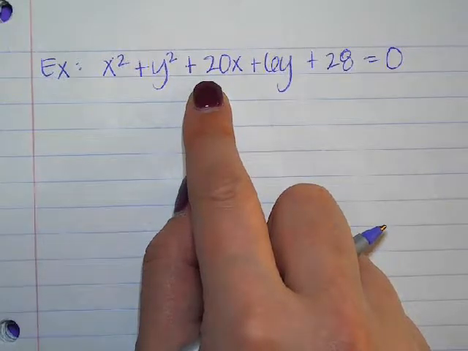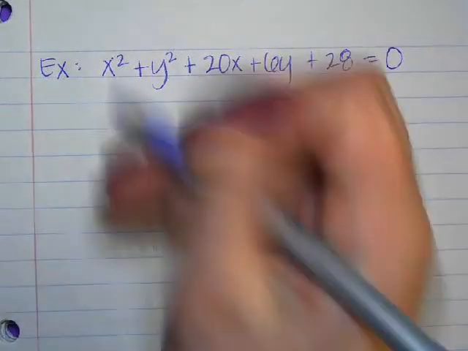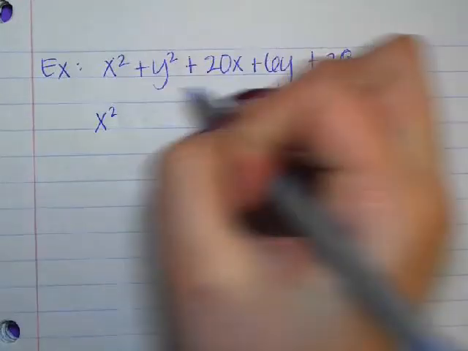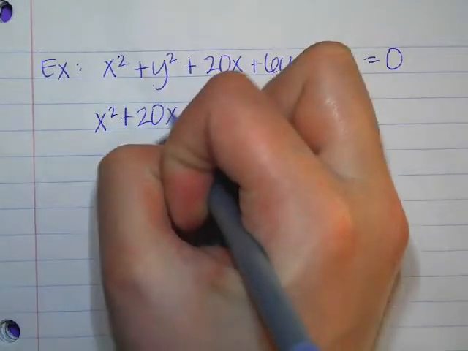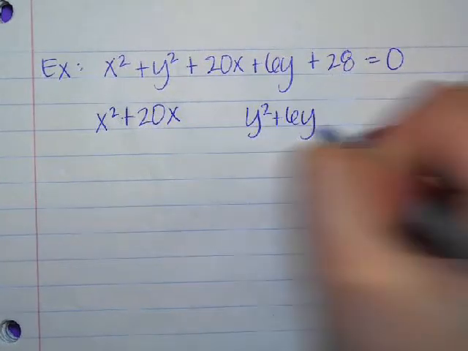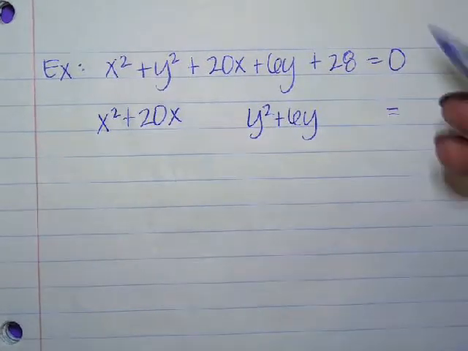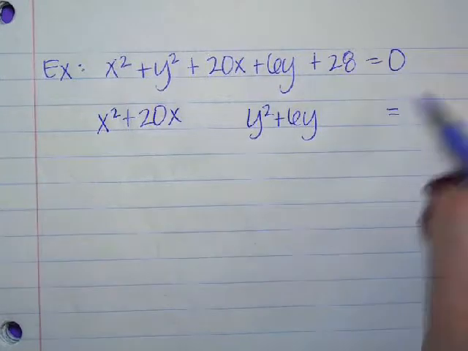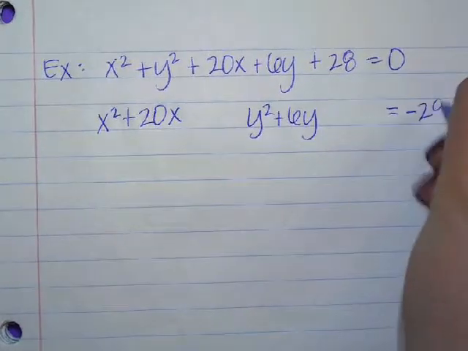Okay, so first thing we're going to do is take our x's and separate them from the y's. So x squared plus 20x, leave a space. Y squared plus 6y, leave a space. And then I'm going to say that I took the 28 and I subtracted it to the other side.